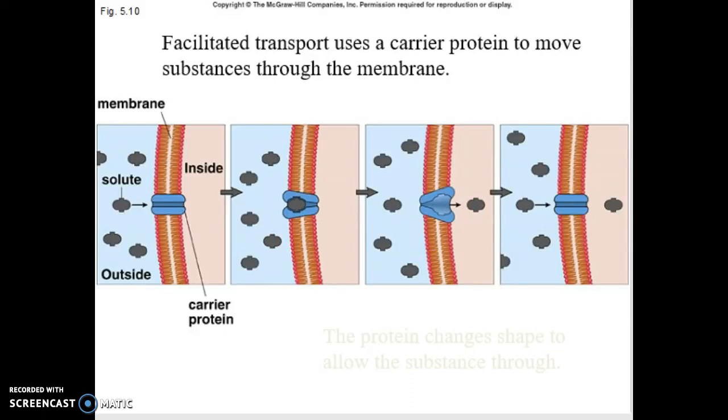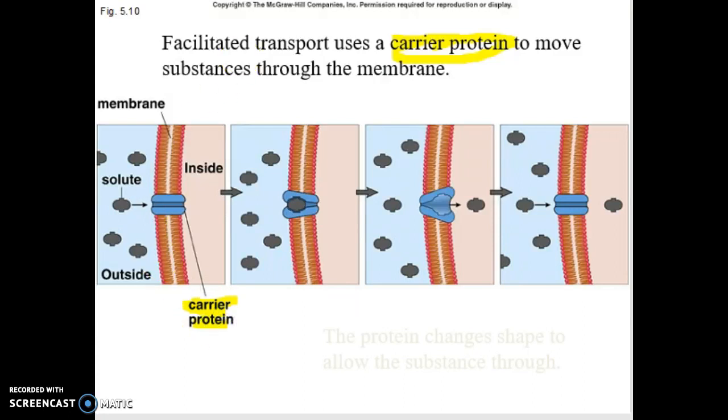Now, sometimes cells need certain things in them that are a little too big, and they don't want to trigger osmosis, so a process called facilitated transport can occur. This is when a special carrier protein, remember our proteins, the carrier protein, will selectively move the molecule through the membrane.